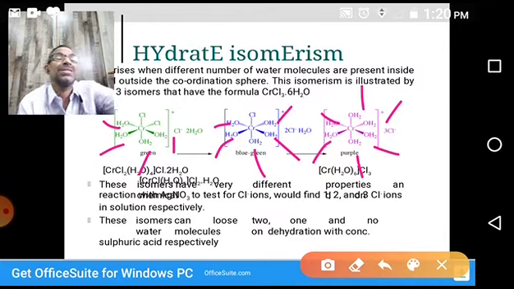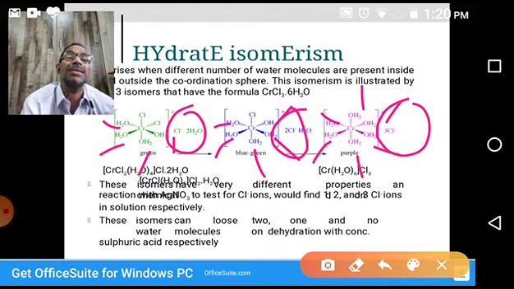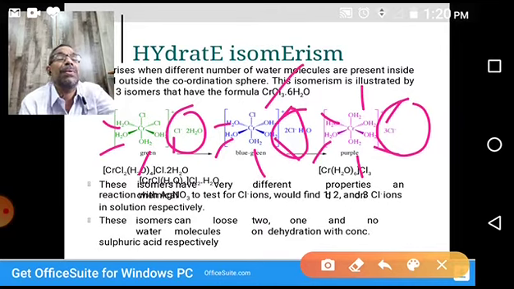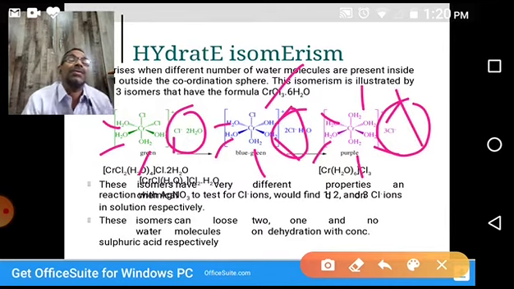So this is giving a test for 3 chlorides. This is giving a test for only 2 chlorides. This is giving a test for only 1 chloride. That means 1 mole of AgCl precipitate forms with excess AgNO3. The second example gives 2 moles of AgCl, the white curdy precipitate, with excess AgNO3. Whereas this one gives more precipitate with silver nitrate.